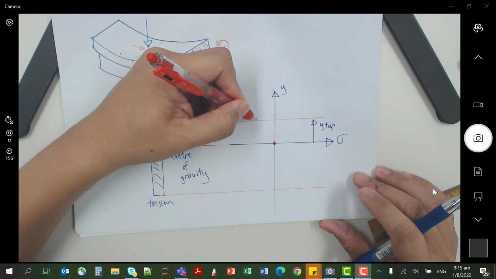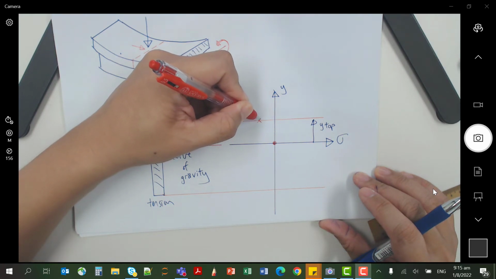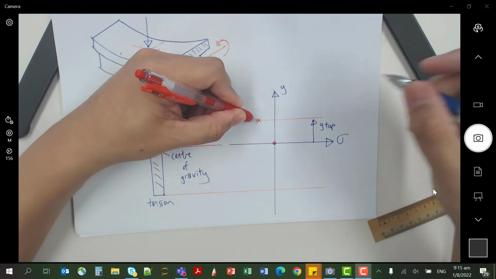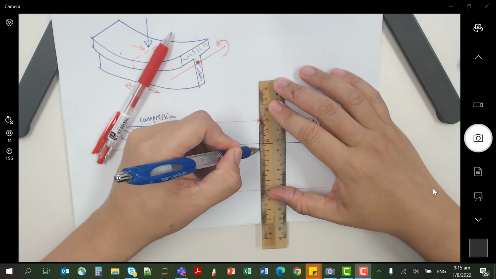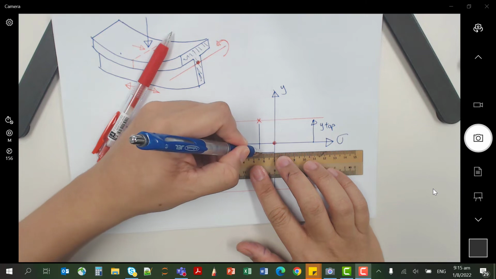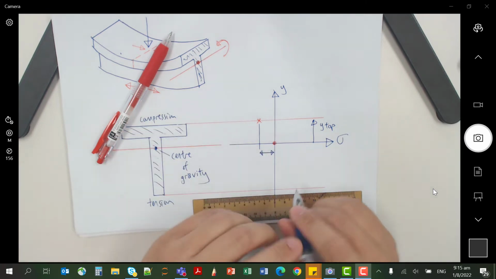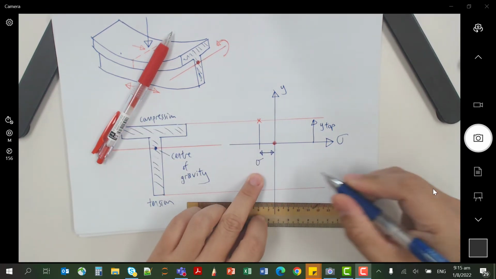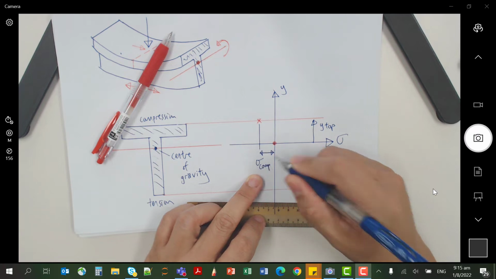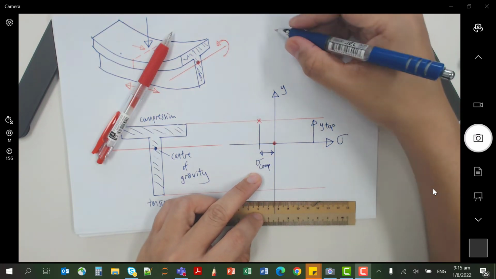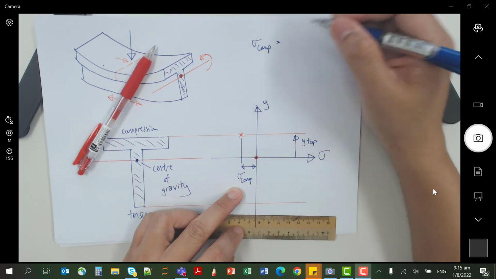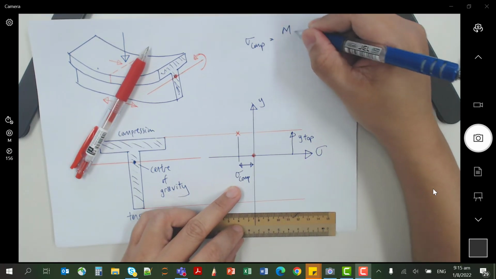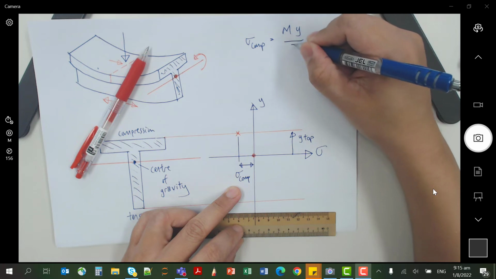Let's say it's here, it's up to you to find out. This exact value is the sigma compression, and you are going to find it using the formula My over I.